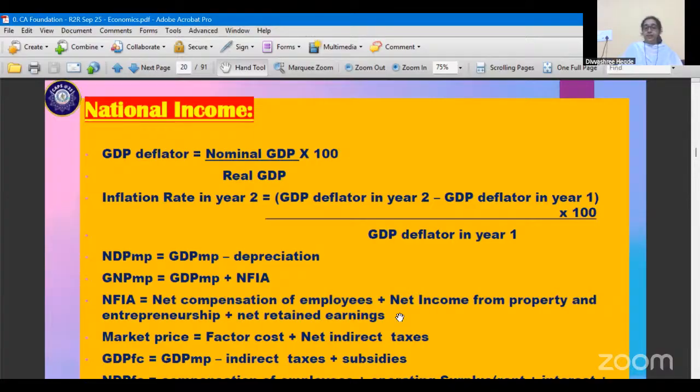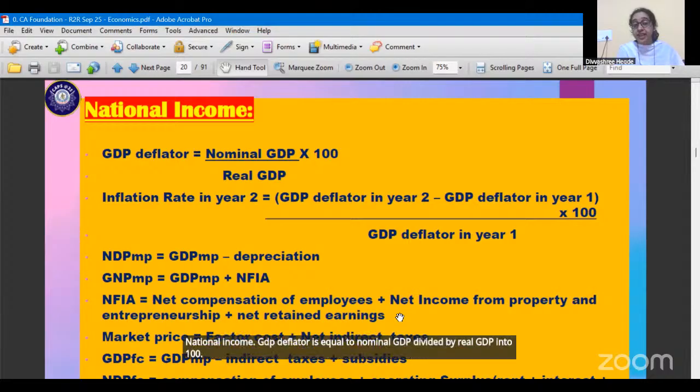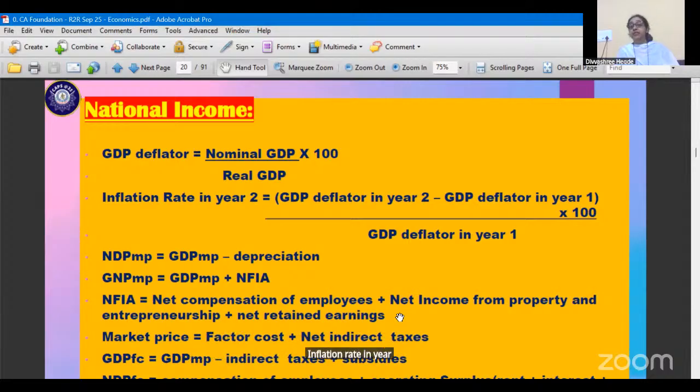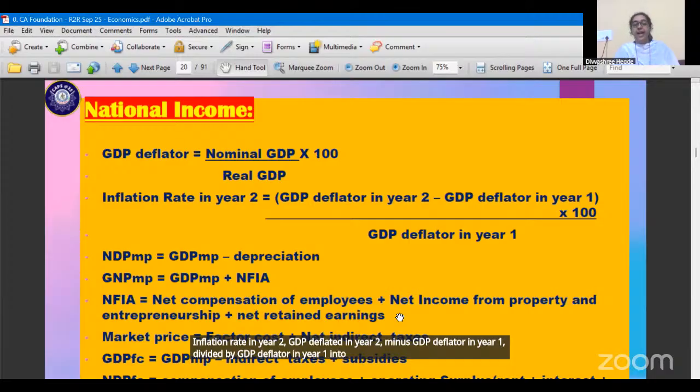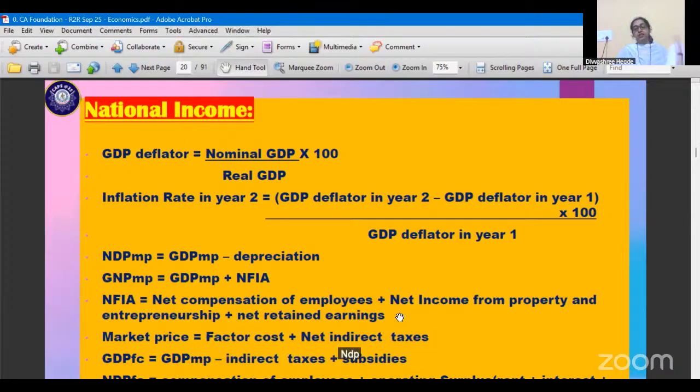National income: GDP deflator is equal to nominal GDP divided by real GDP into 100. Inflation rate in year 2 is GDP deflator in year 2 minus GDP deflator in year 1, divided by GDP deflator in year 1, into 100. NDP: going from gross to net, always minus depreciation.